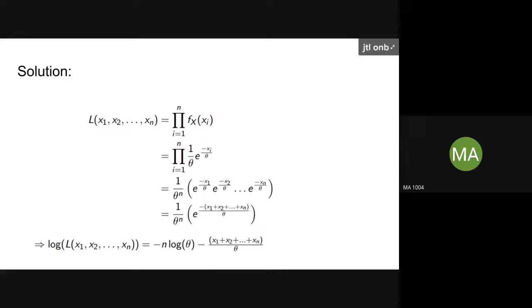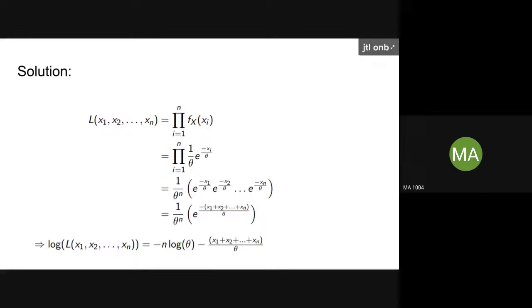If I take the product, substituting all the values x1 to xn, I will have n terms, and each term has 1 by theta. So I will have 1 by theta power n into e power minus x1 by theta times e power minus x2 by theta, and so on, e power minus xn by theta.